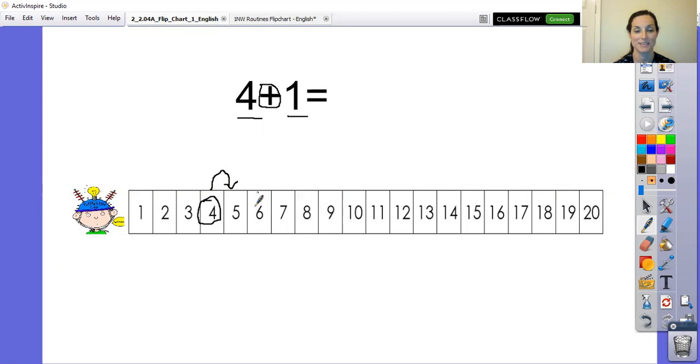Where we land is our answer. So 4 plus 1 would be 5. I want you to try that on your number path and see if you got the same answer. You would start with the number 4 and count on one more, and the answer should be 5.